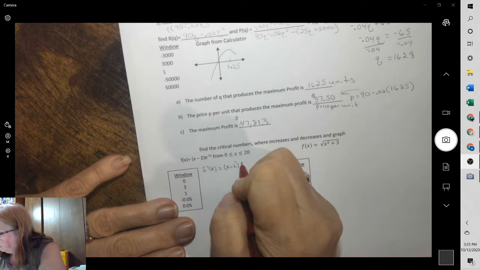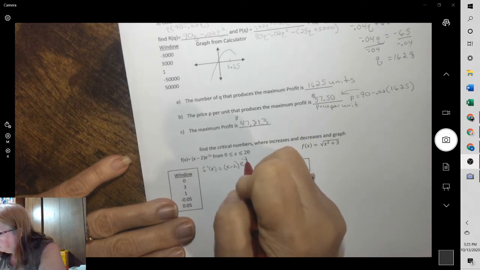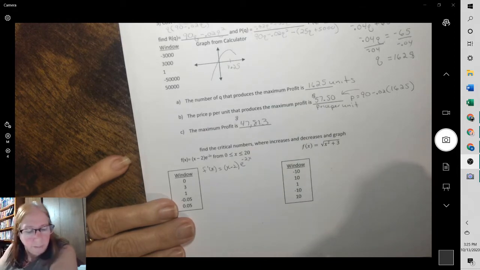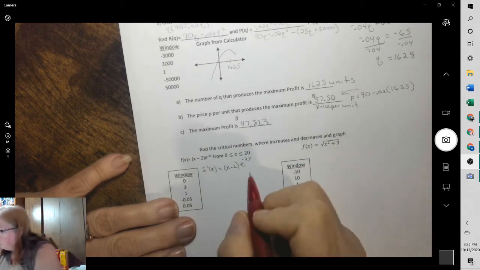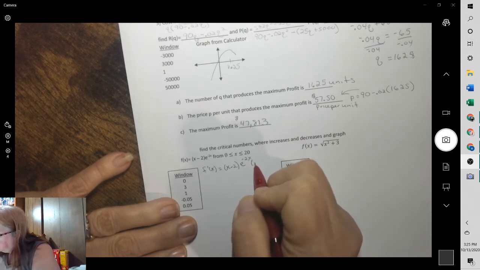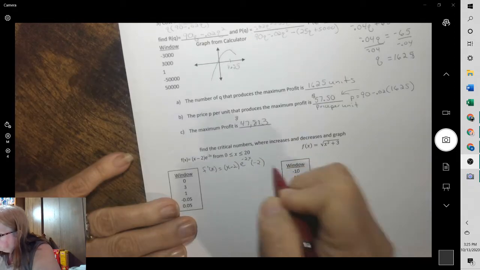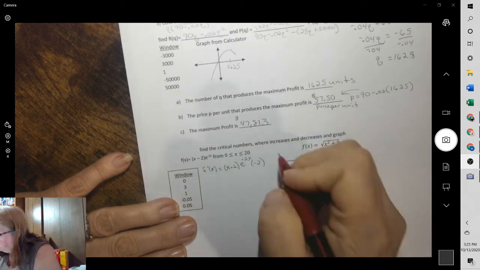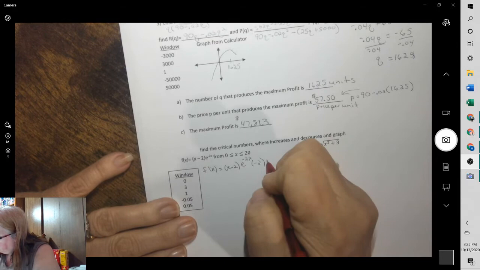The exponential rule is the original function times the derivative of the exponent times the natural log of e, which is just 1. That's e to the negative 2. And I'm running out of room.